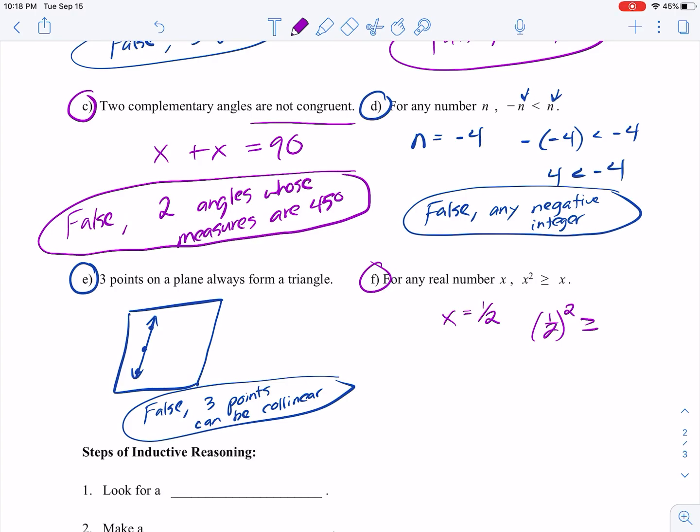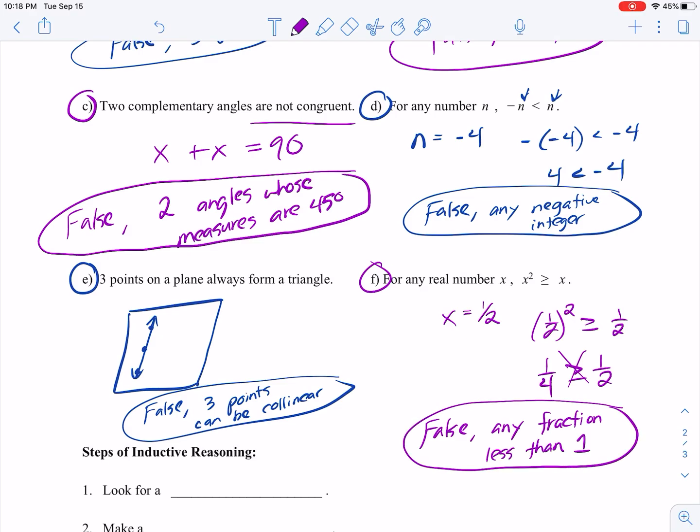So 1/2 times 1/2 gets us a quarter, and a quarter is not greater than or equal to 1/2. This is not true. So false, any fraction less than 1 would work here.